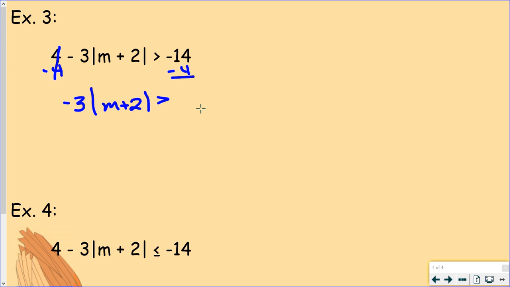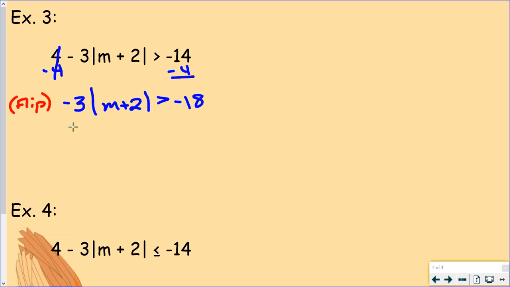Forgot the 1. Now look, right here, this negative 3 is being multiplied times the m and times the 2. So the variable is being multiplied by a negative number. So I have to flip the inequality. So because of this negative, I'm going to have to flip the inequality.